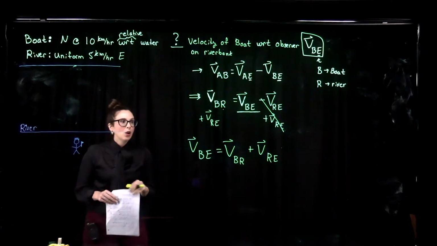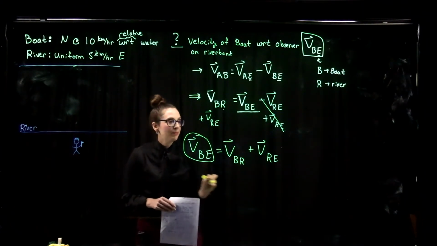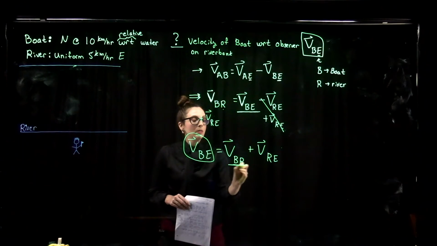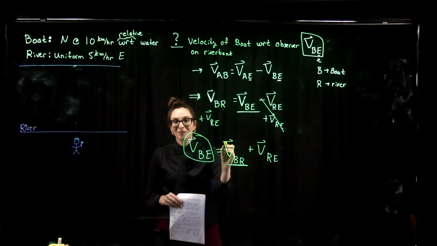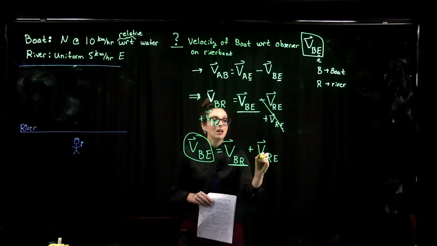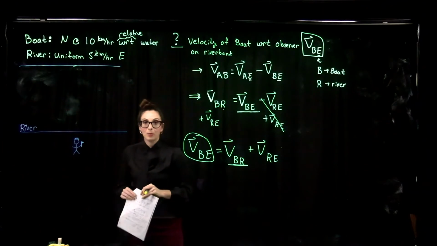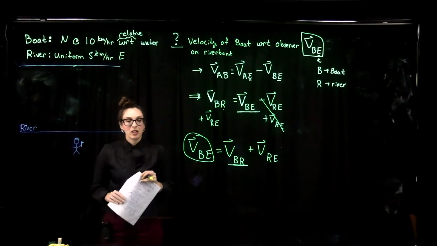Okay, so we're looking for this vector right here. We actually know vector V_BR, and we know this vector here, V_RE, river with respect to the Earth. So let's draw in these vectors over here.